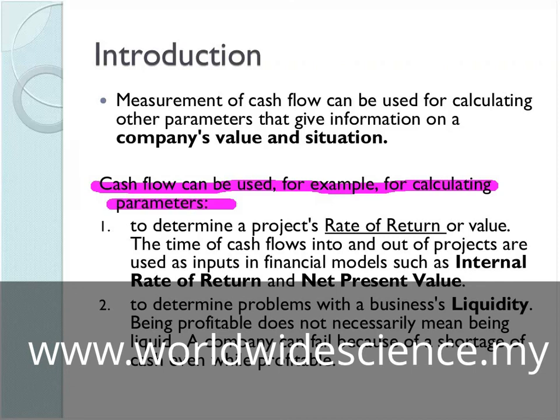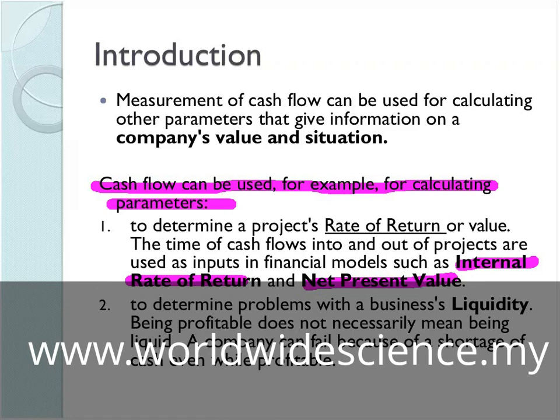What kind of parameters can it be used for? First, to determine a project's rate of return or value. The timing of cash flows into and out of projects are used as inputs in financial models such as the internal rate of return and the net present value. About these parameters, we will study in the next session.